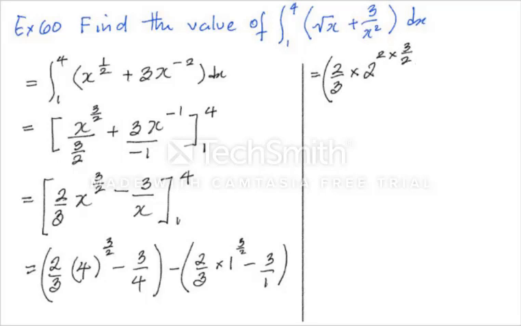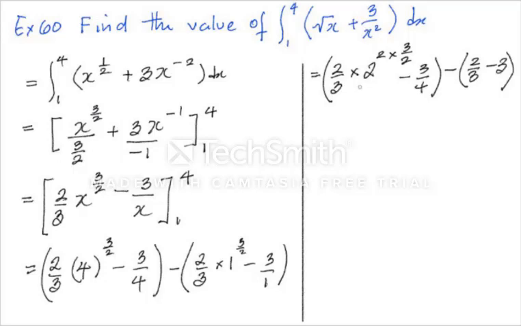The powers inside the bracket are multiplied by the power outside, minus 3 over 4, minus over here I have 2/3 minus 3. Alright, 1 raised to any power is 1. So 1 to the 3 over 2 is still 1.